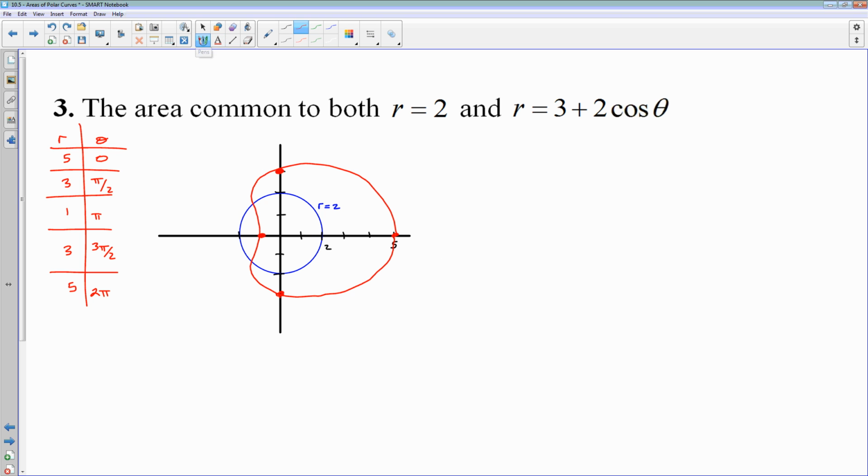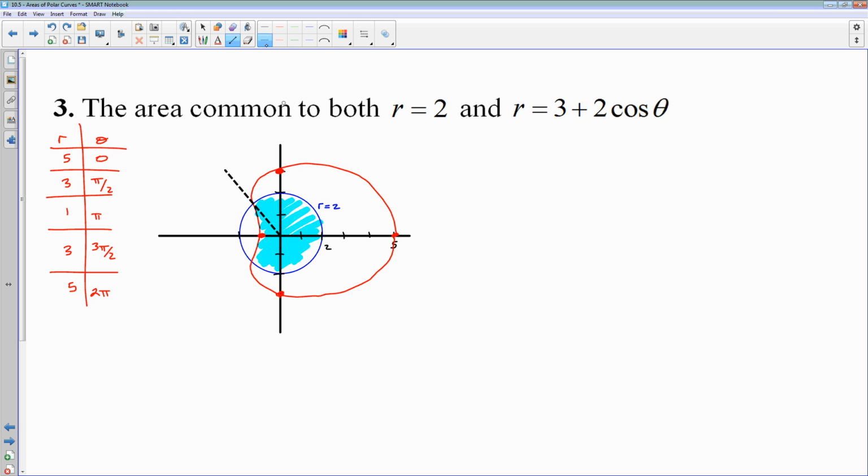Now this creates a different type of problem because the area inside both of those is, well, you can see it. It's all of this stuff, right? In order to find that area, we have to split this into 2 different integrals because the function that is the border for the region changes right here.